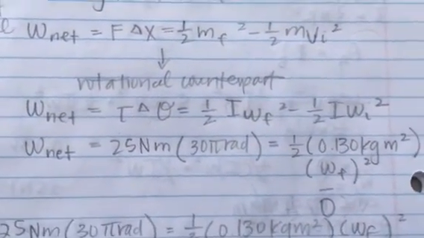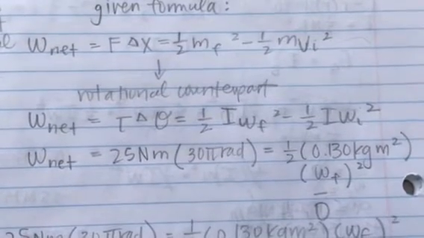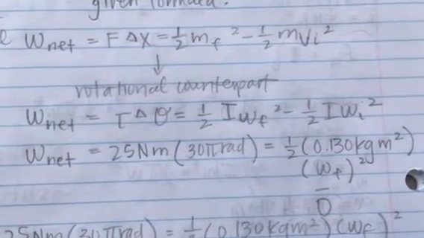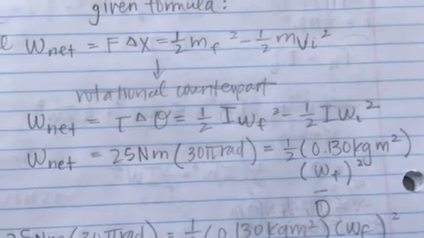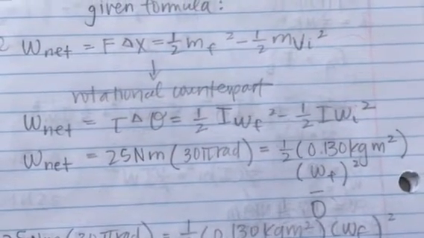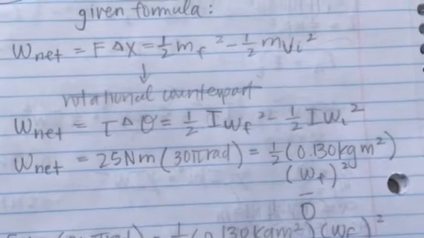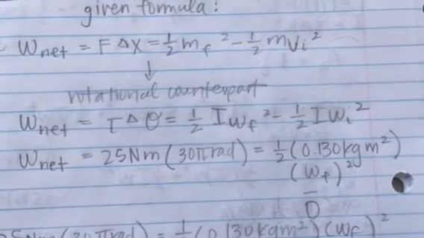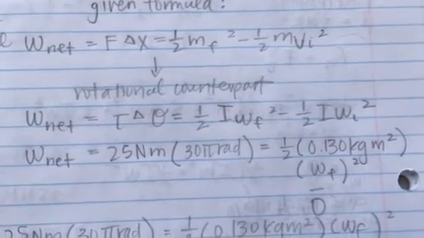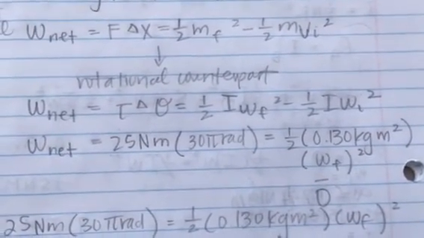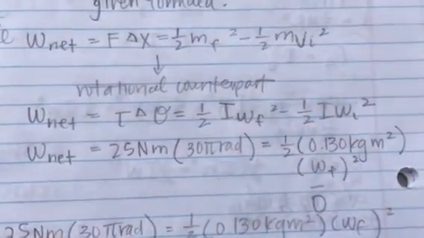So we now know that the net work equals 25 Newton meters, that's our torque given to us, times 30 pi radians, which is the angular displacement given to us, equals 1/2 the moment of inertia, which is 0.13 kilogram meters squared, times the final angular velocity squared minus 0, because the initial angular velocity is 0.